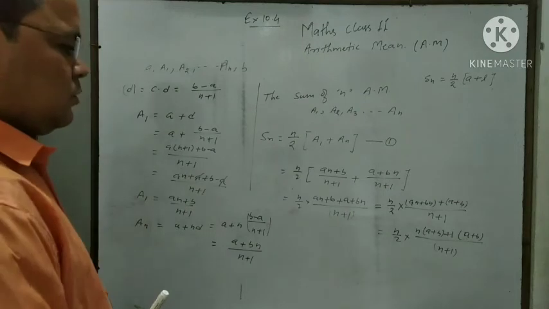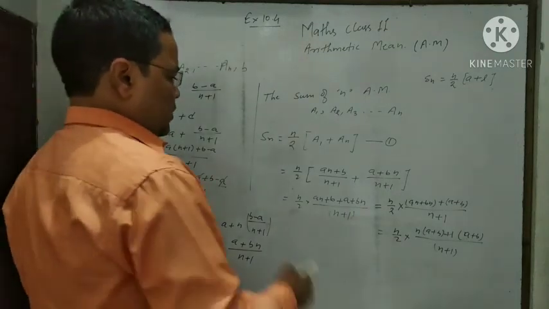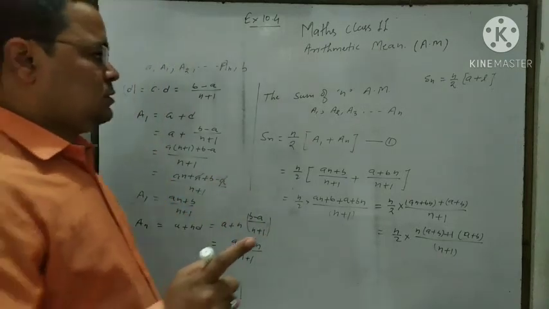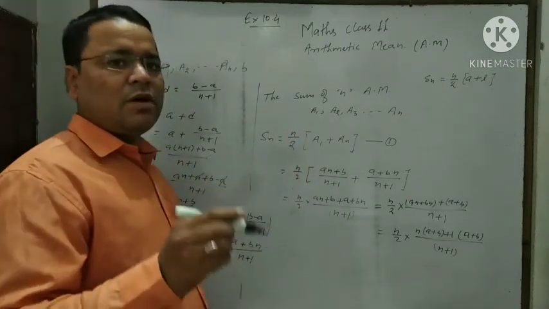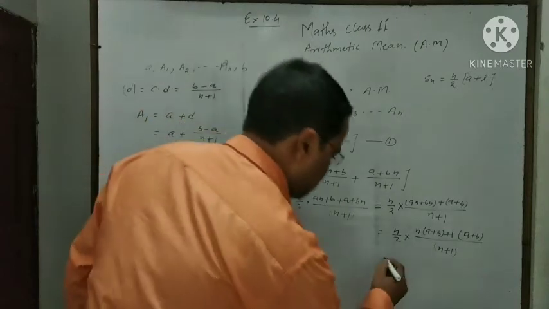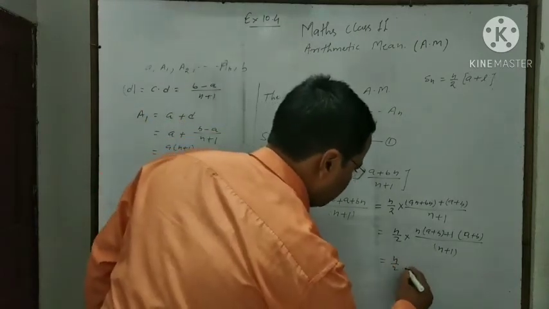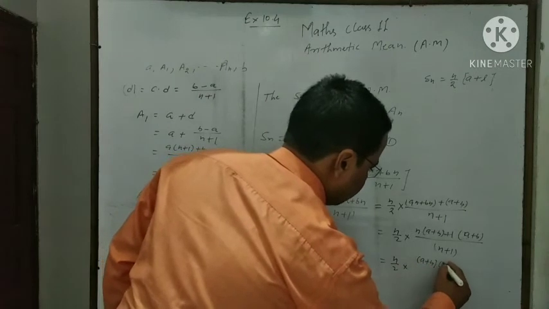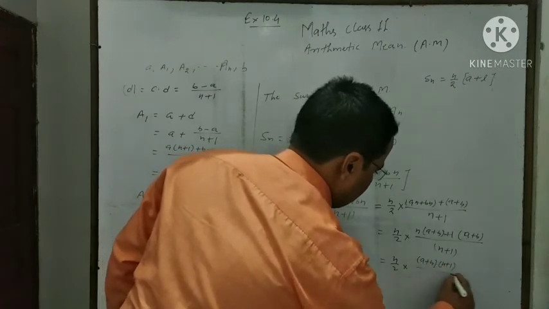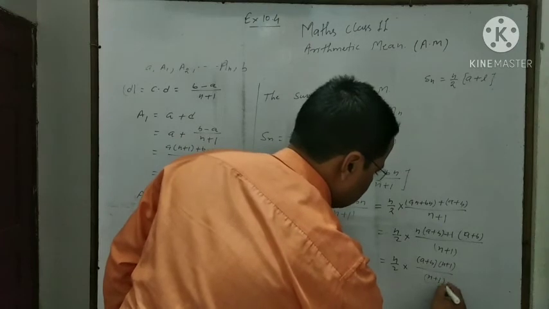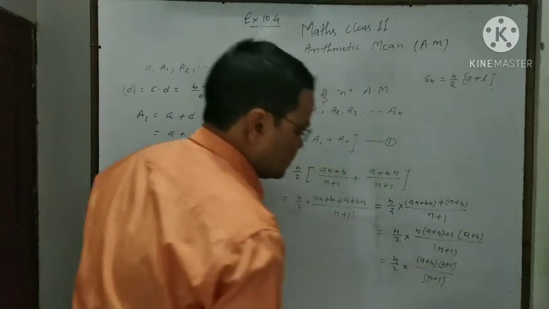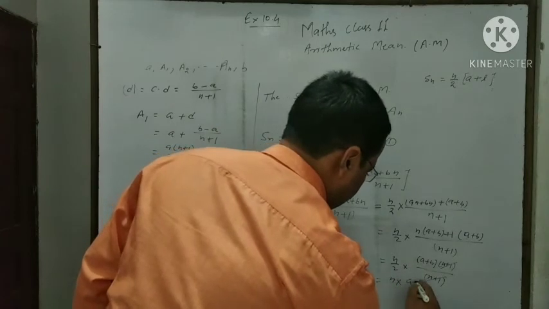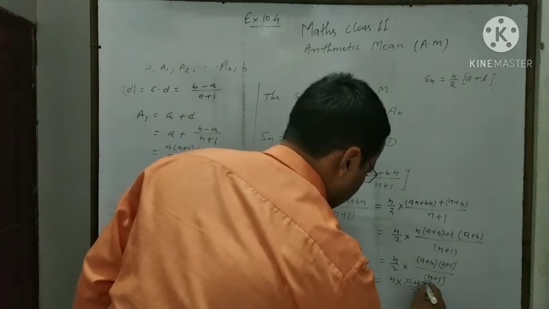Okay, now what we do? Here we are just getting the sum of the n terms of the arithmetic means. We want to find the sum of n terms of the arithmetic means. It will be n by 2 into a plus b, and here n plus 1 upon n plus 1. Now n plus 1 and n plus 1 cancel, and it will be n into a plus b by 2.